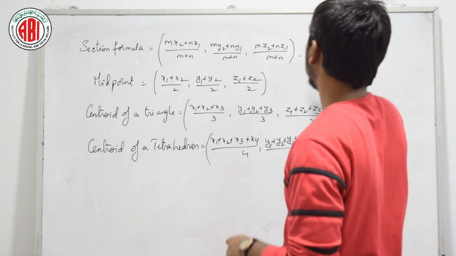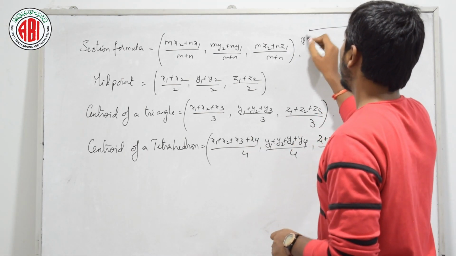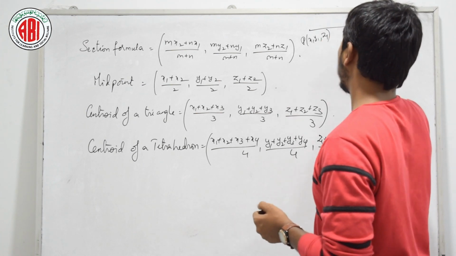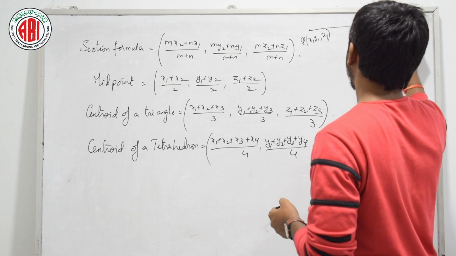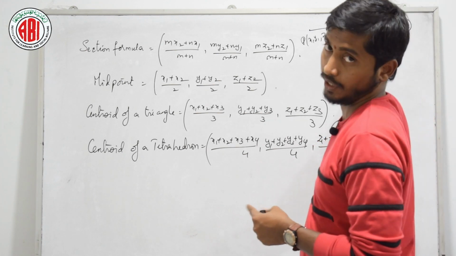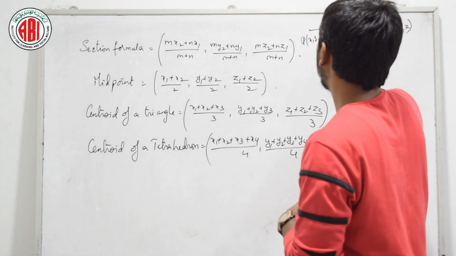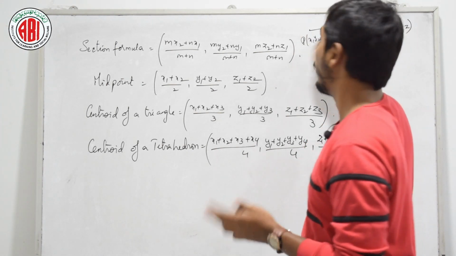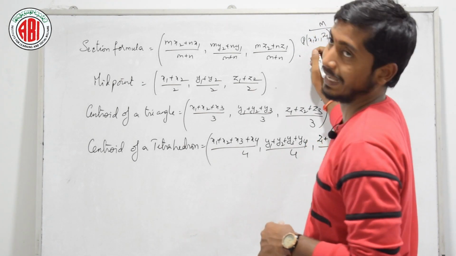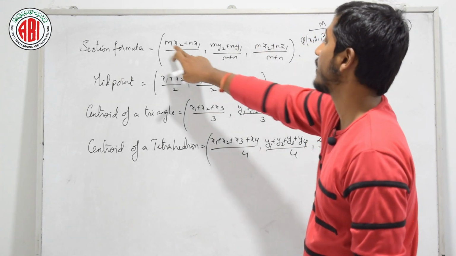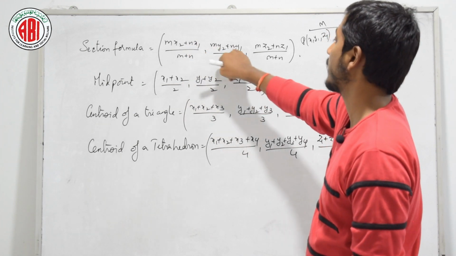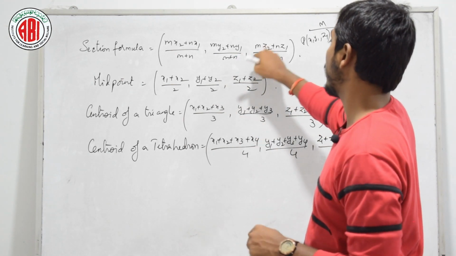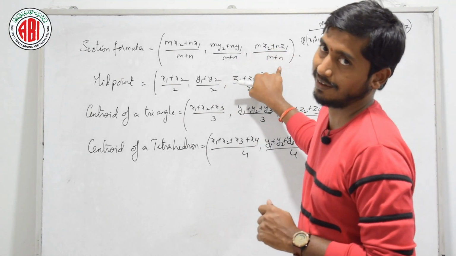As we discussed earlier, if there are 2 points P(x1, y1, z1) and Q(x2, y2, z2), then the third point R which divides PQ in the ratio m is to n, the formula is given as (mx2 plus nx1) by (m plus n), (my2 plus ny1) by (m plus n), and in addition to the 2D, we get (mz2 plus nz1) by (m plus n), right?